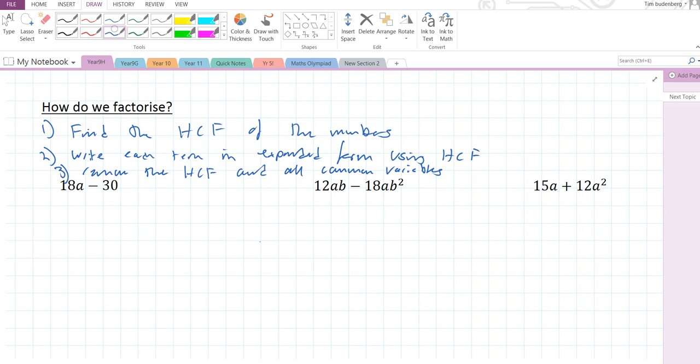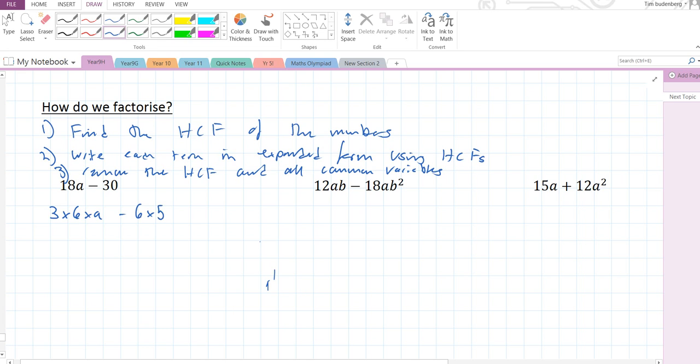Find the highest common factor of the numbers, taking our first example. The highest common factor of 18 and minus 30 is 6. Now write each term in its expanded form using the highest common factors. If I know that the highest common factor of 18 and 30 is 6, I want to write 18 as 3 times 6 and minus 30 as minus 6 times 5.